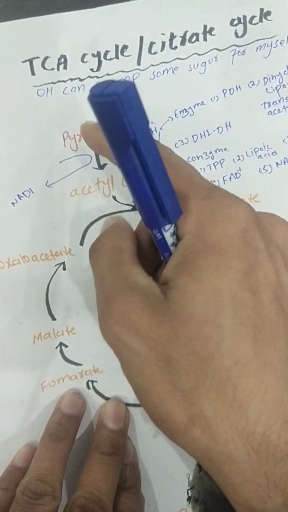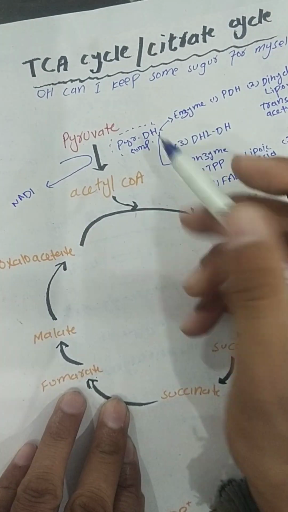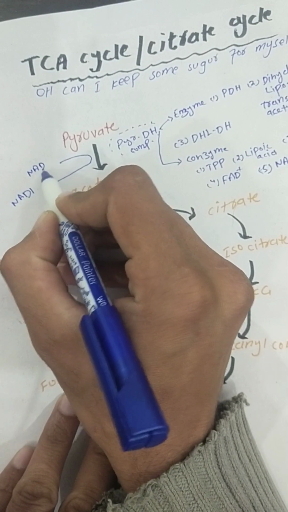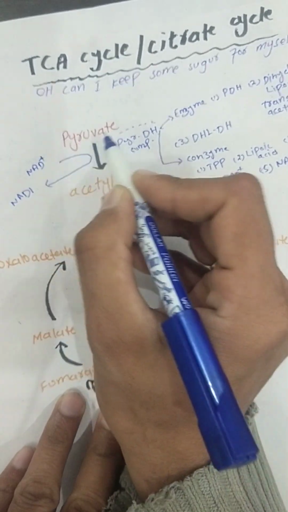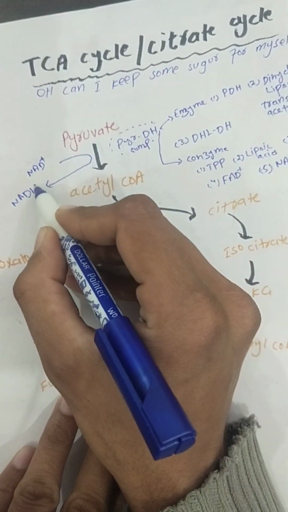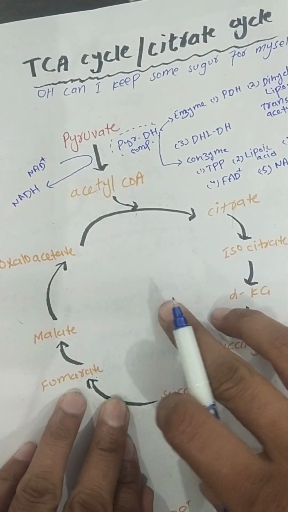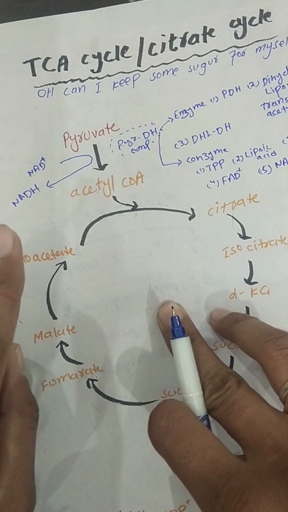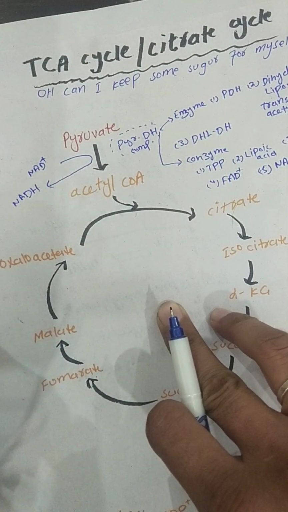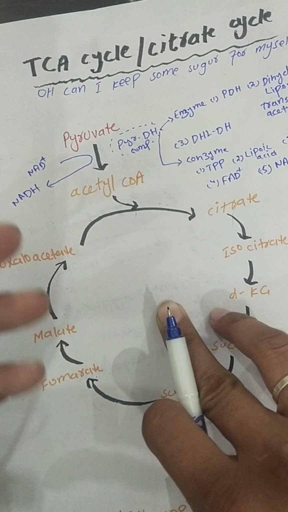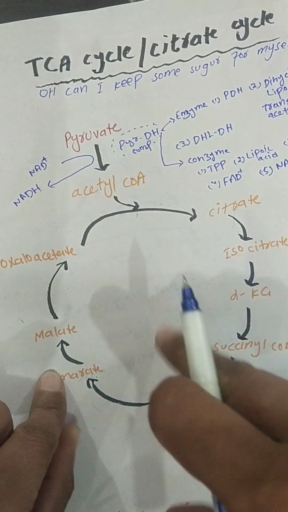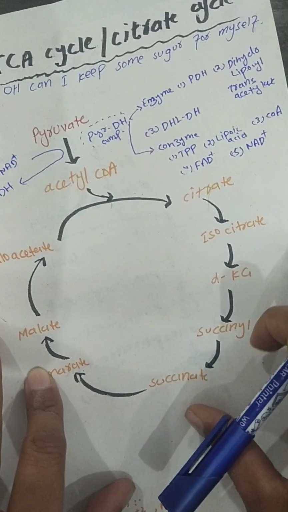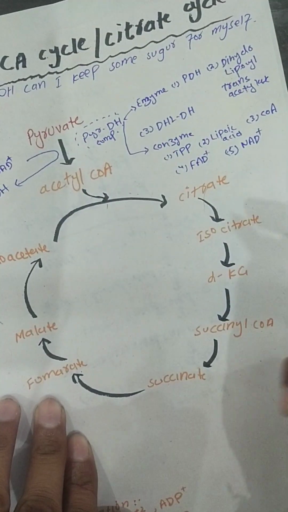When pyruvate is converted into acetyl CoA, a hydrogen is released, and this hydrogen is taken up by NAD positive, which becomes NADH. So in every reaction with a dehydrogenase enzyme, there will be production of NADH, or sometimes FADH. In the TCA cycle I will tell you the reaction in which FADH is produced. So this is the first step which occurs in the mitochondria.